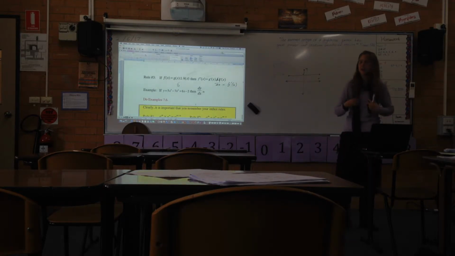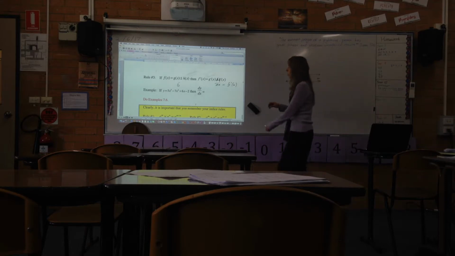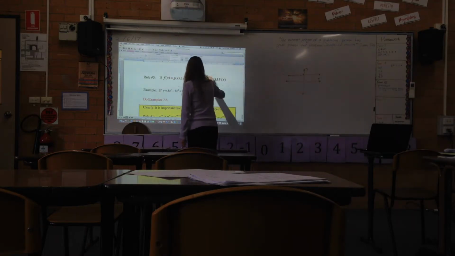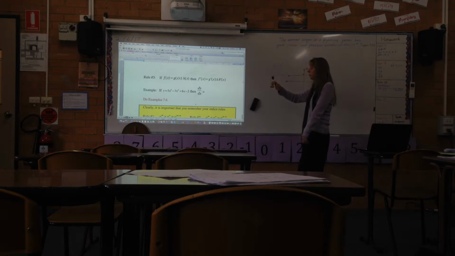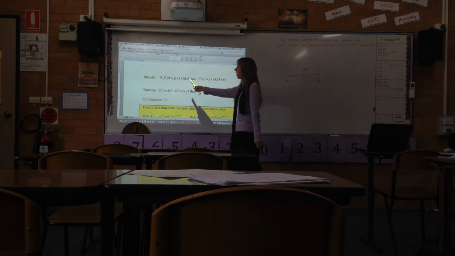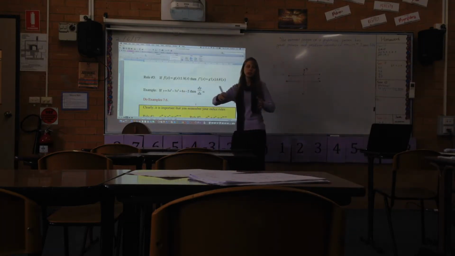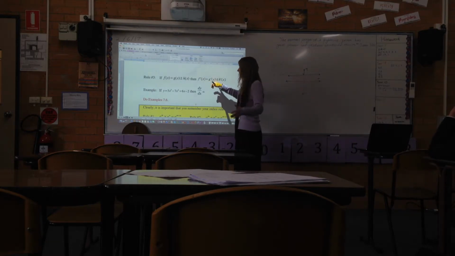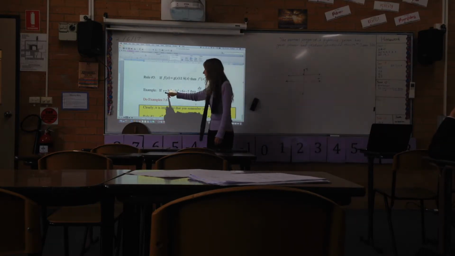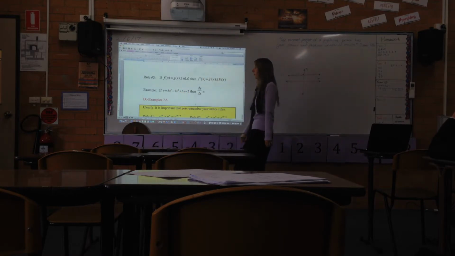Okay, so you've got those rules. We've got one last rule here, and then we'll do a couple of examples. Yes, we've got time. So this rule now says, if you have multiple functions together, plus or minus, simply differentiate them all individually.